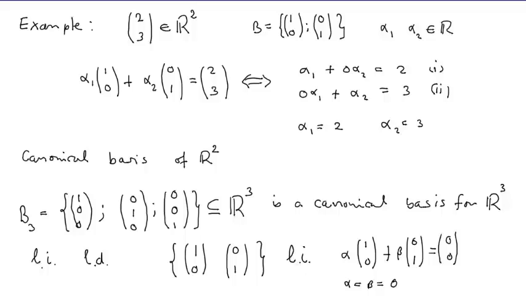So in other words, a basis of a vector space consists of linear independent vectors.